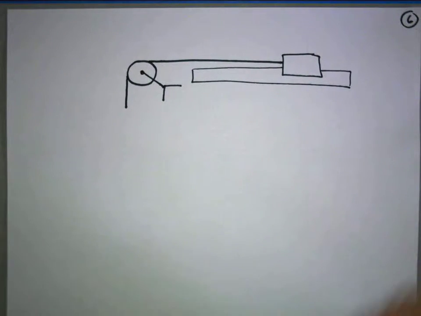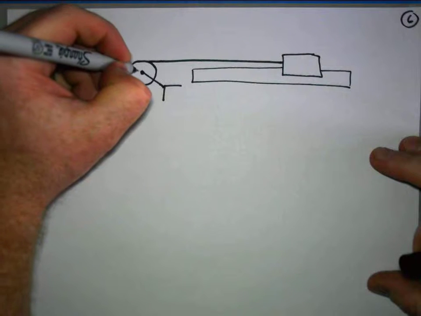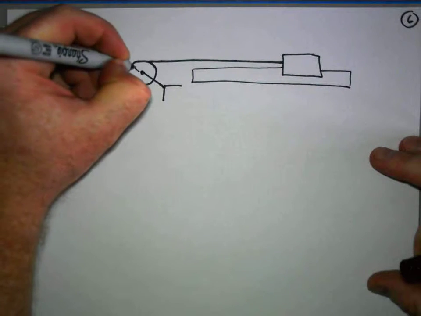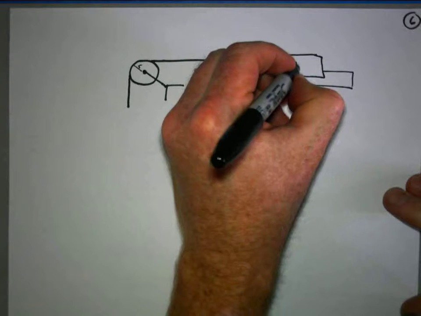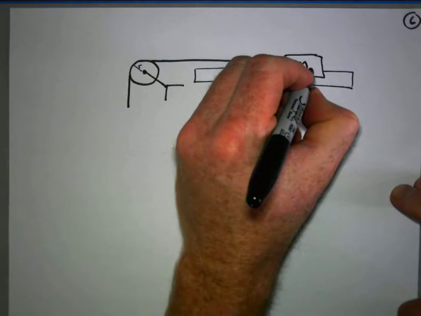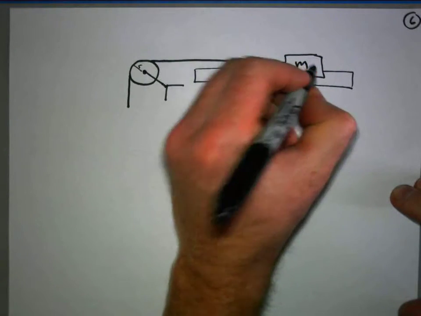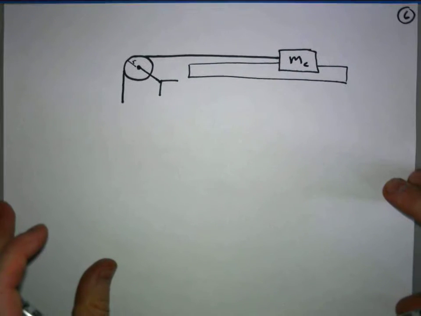Now, the pulley has a radius R. The cart has its own mass, M. Let's call this the mass of the cart, because typically you have what we call carts on an air track.